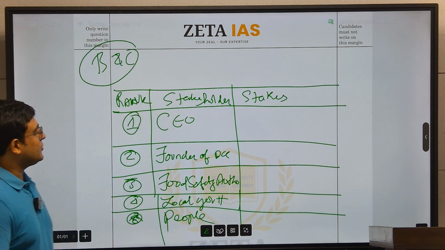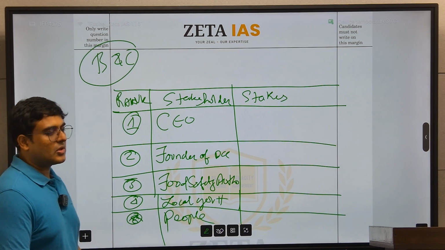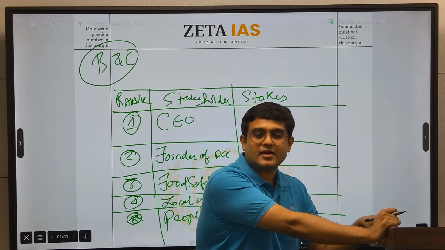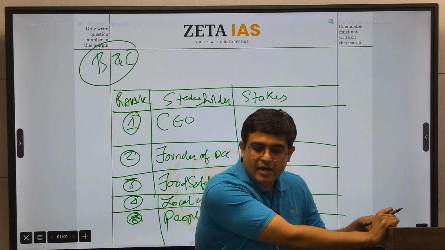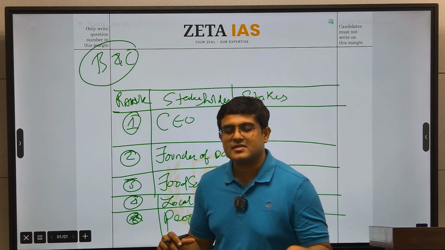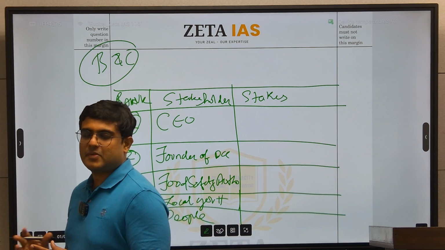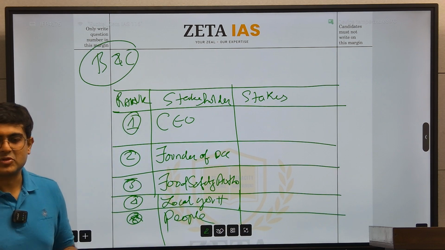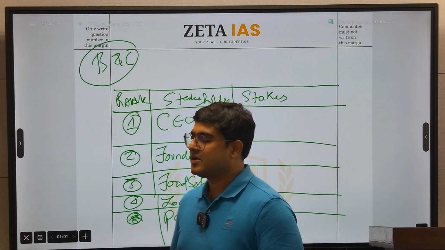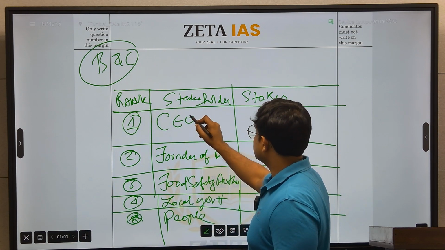See, why is the CEO the most important stakeholder? Because she will decide whether the product will reach the market and the consumers or not. His or her decision will be vital with respect to the product and the health of the consumers as well. So CEO, the most important stakeholder.